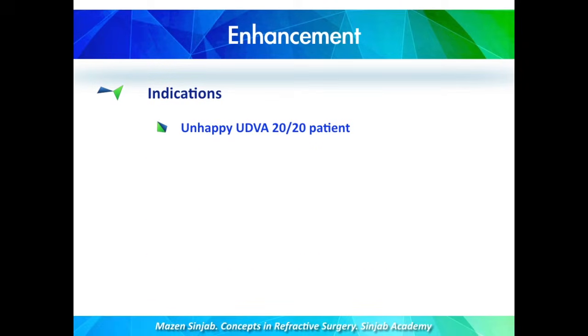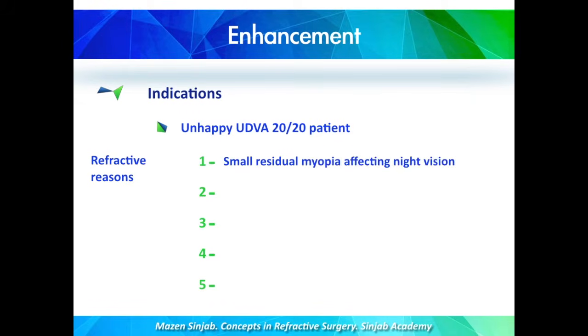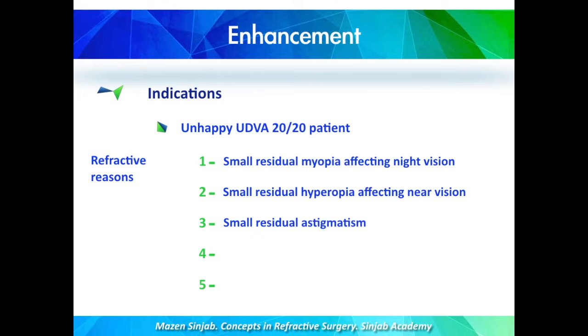The unhappy 20/20 patient. There are refractive reasons and non-refractive reasons for patients with 20/20 to be unhappy. Starting with the refractive reasons, they include small residual myopia affecting night vision, small residual hyperopia affecting near vision, small residual astigmatism, small corneal irregularities, and changes in native high-order aberrations.